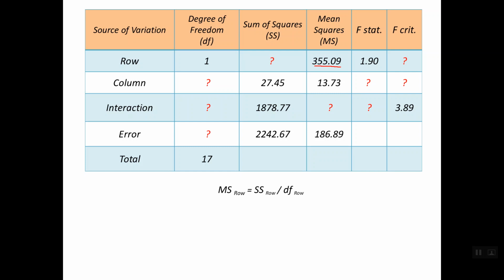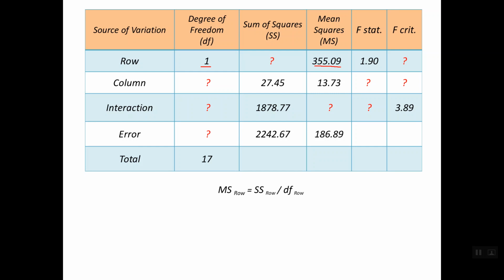Again, regarding the first factor, we know the degree of freedom for this factor, but the value of the SS is missing, while the value of the mean square has been determined.